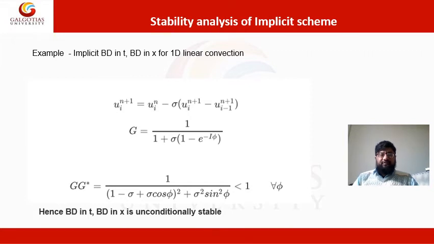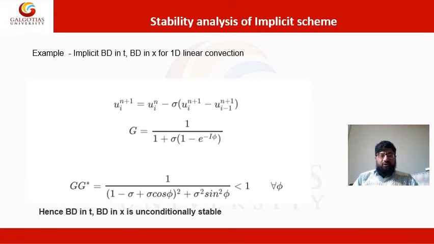The amplification factor G can be written, after some algebraic manipulation, as 1 over 1 plus sigma times (1 minus e to the power minus i phi). So the magnitude of this amplification factor will be 1 over the square root of (1 minus sigma plus sigma cos phi) whole squared plus sigma squared sin squared phi.